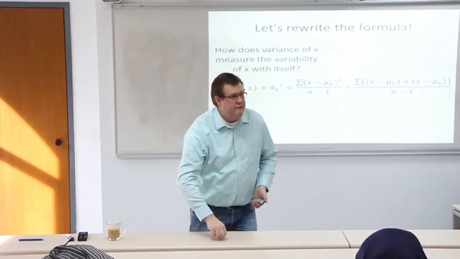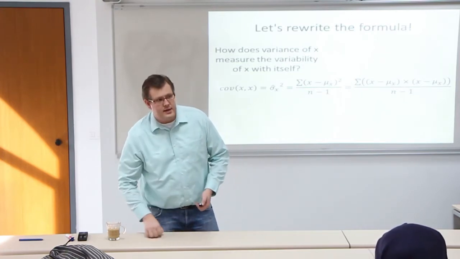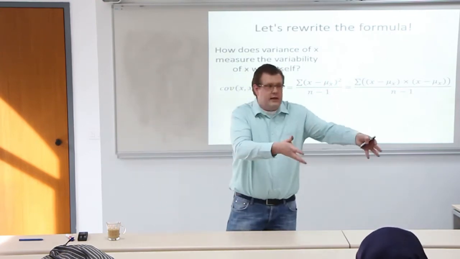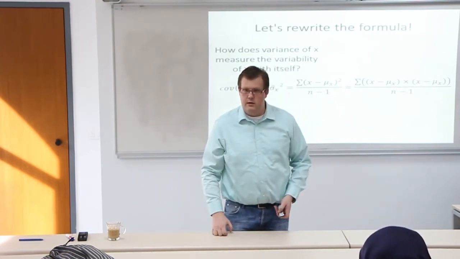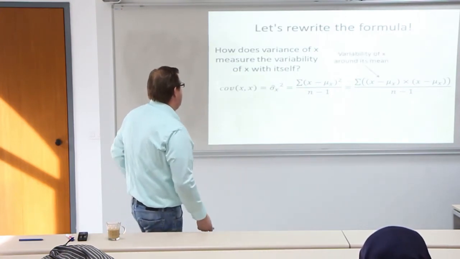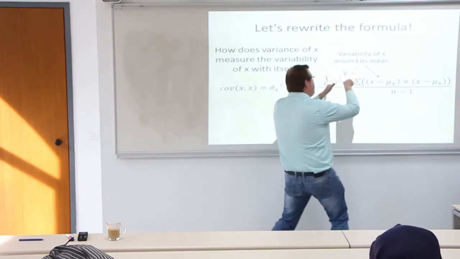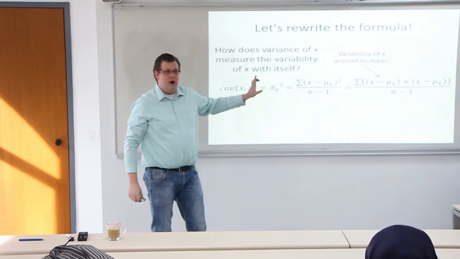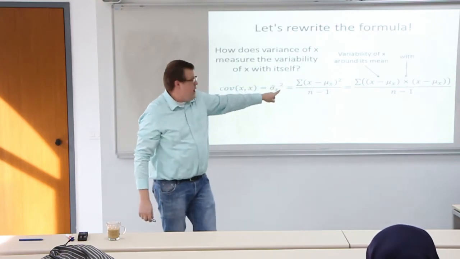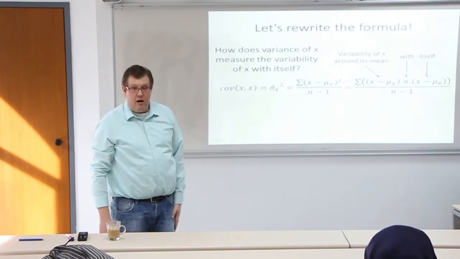It gives you a difference, a variation. This x is that different, and that's a variation on the mean. This x is differently different. That's a different variation. So when we break it down like this, this is not the variance, but a measure of the variability of x around its mean, with itself.